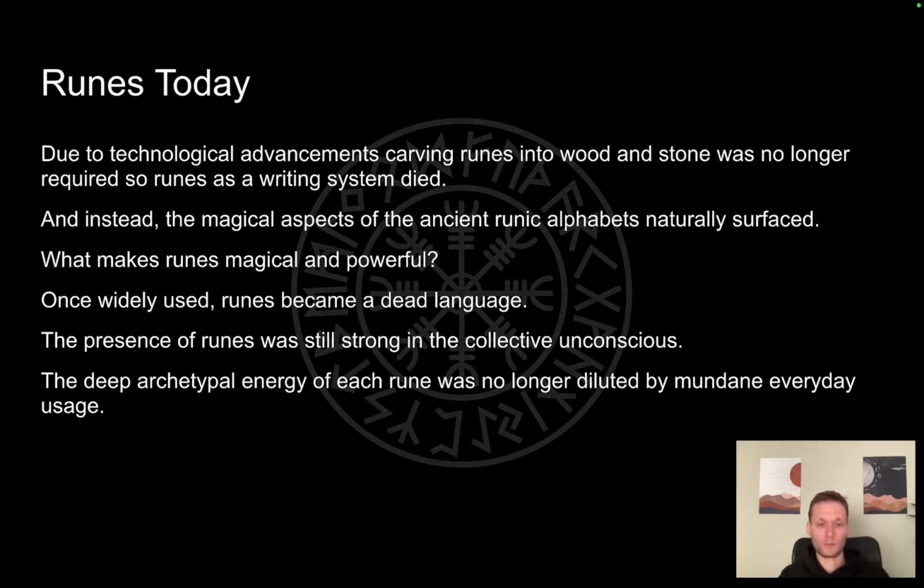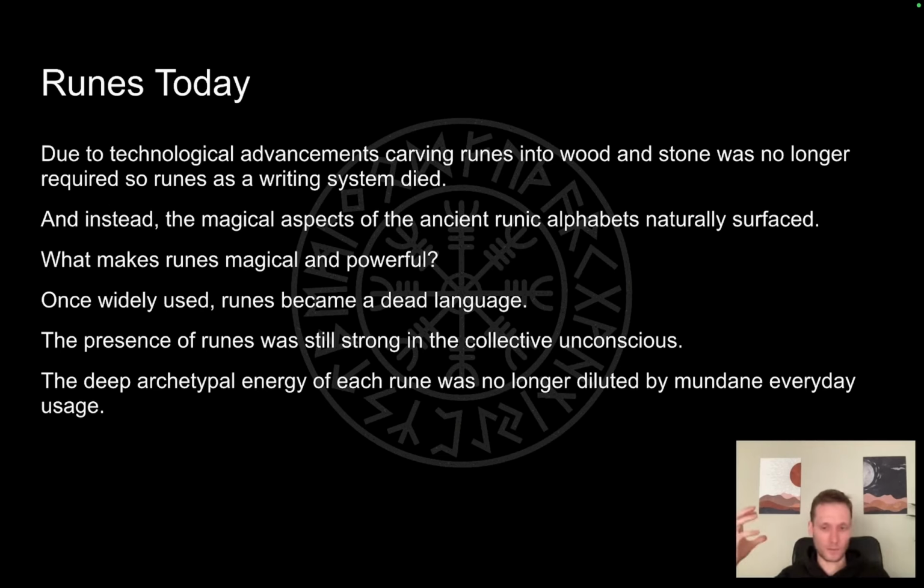Now what makes runes magical and powerful? Once they are no longer widely used, they become a dead language. That means that when they were used, the usage of these symbols, archetypes, and shapes was embedded in the collective unconscious, in the human subconsciousness. And then when it became a dead language, it was no longer used every day.